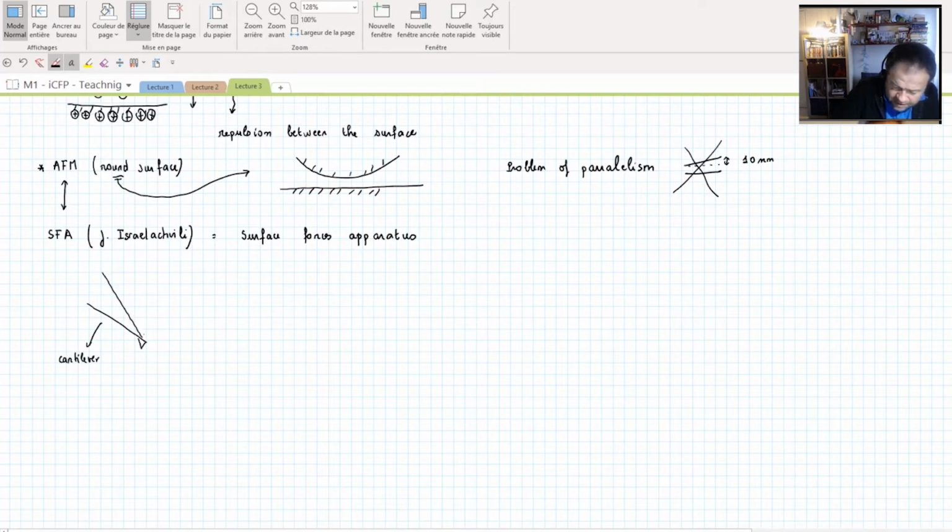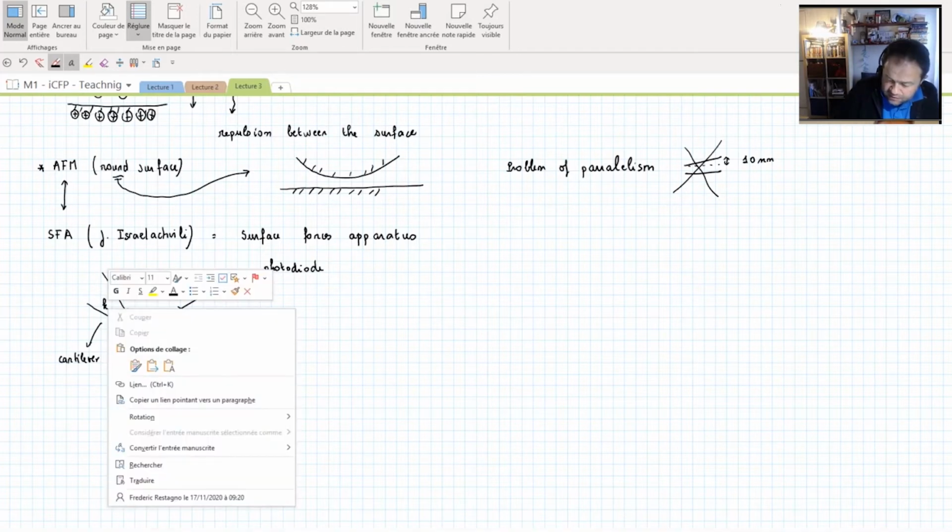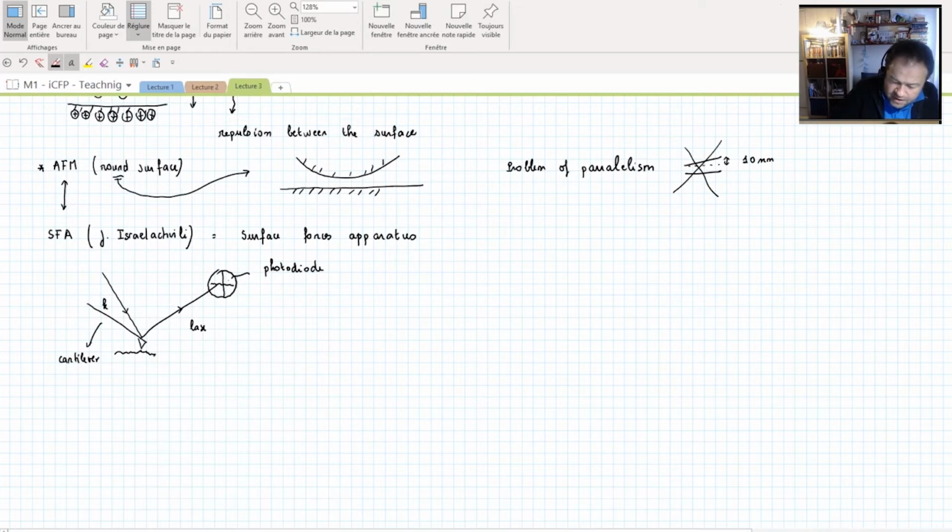You send a laser light on the end of the cantilever, and what you register on a photodiode is the position of the tip related to the surface. If you know the stiffness of the cantilever and you know the deflection, you will be able to measure the force acting on the tip.